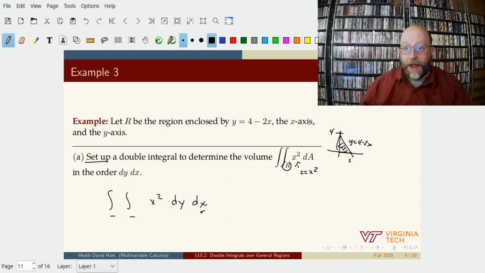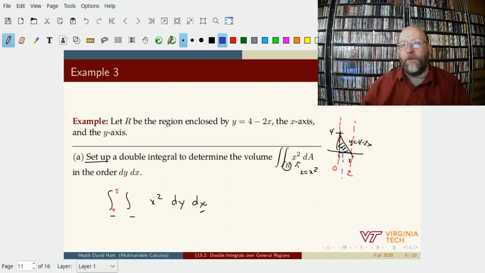We start with the outside, and we just give crude boundaries for the outside. We just want a numerical, what is the smallest x value and what's the largest x value that will contain this shape. So the shape is contained between x equals 0 and x equals 2. And then for the y direction, here's where we actually describe the contour. We travel along an arrow in the y direction between 0 and 2.